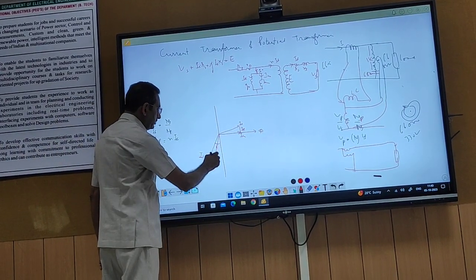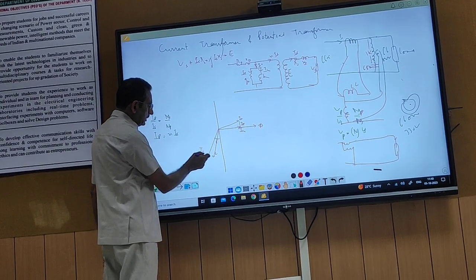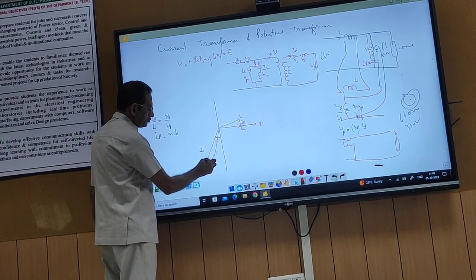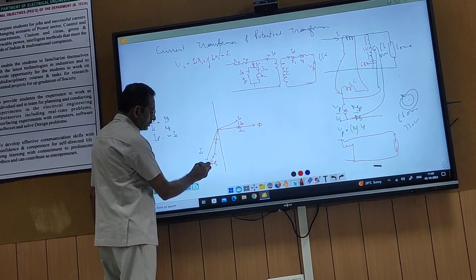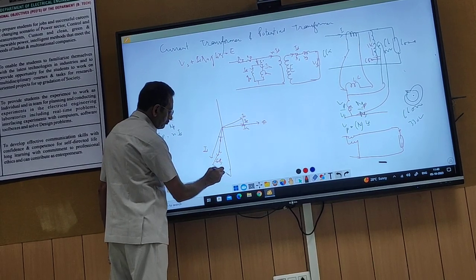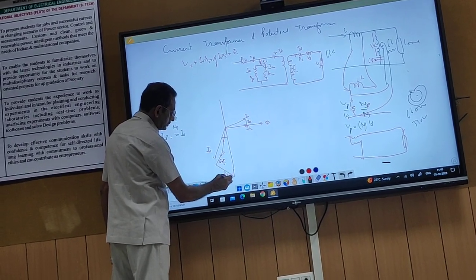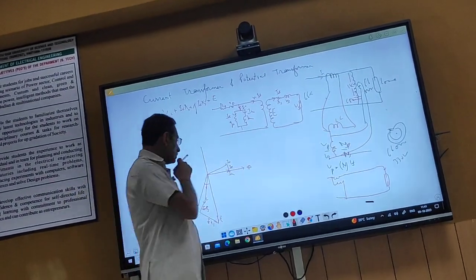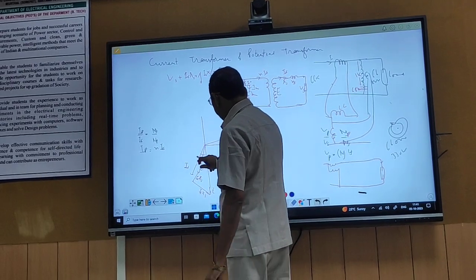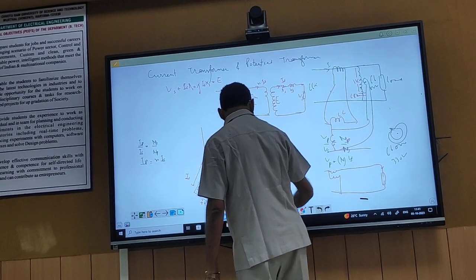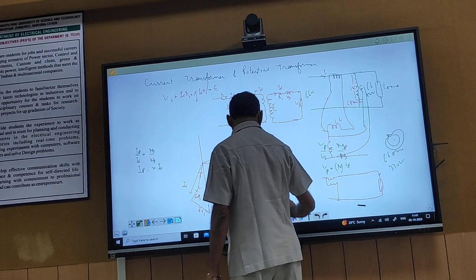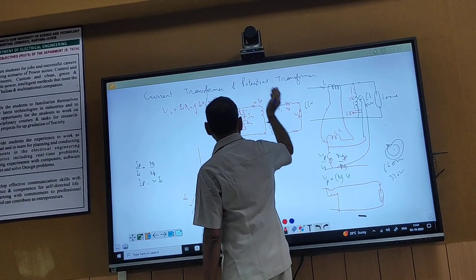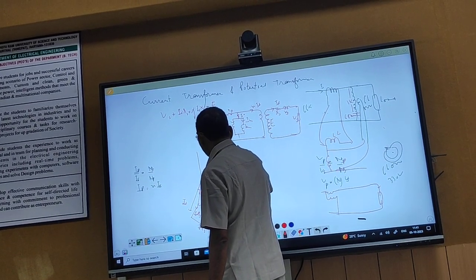For example, this is V, and Is Rs is in this direction, and Is Xs, and this is E. Okay, if this is Is, so what will it be on the primary side? If it is Is on the secondary side, on the primary side it is Ns Is.